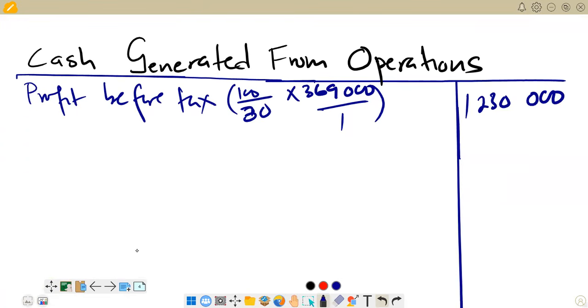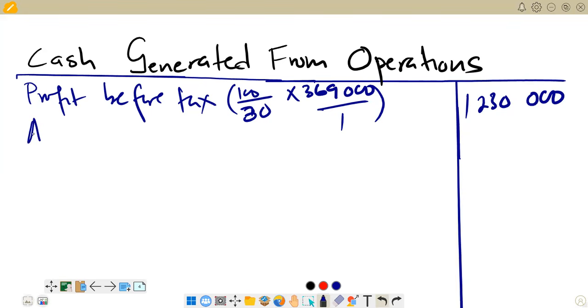We are calculating a figure that we are going to use in the cash flow statement. So we remove tax, because tax was already subtracted when we prepared the income statement. So we remove it here and readjust it again in the statement of cash flow now under operating activities.